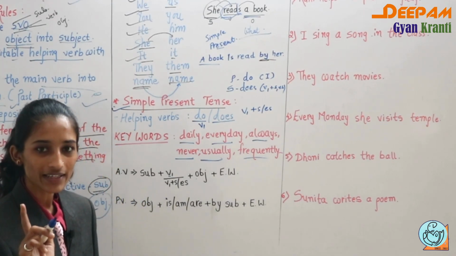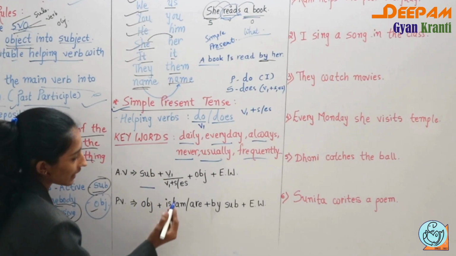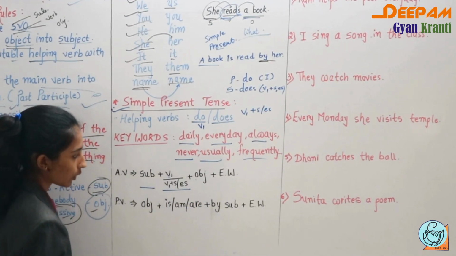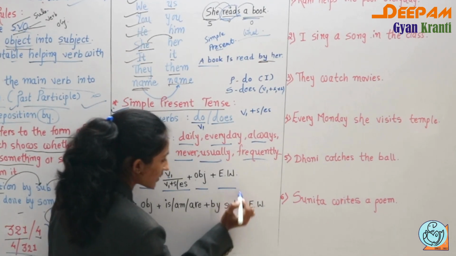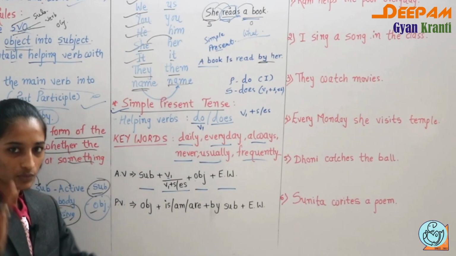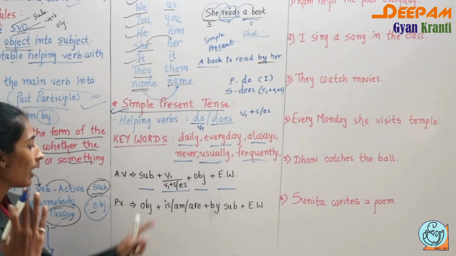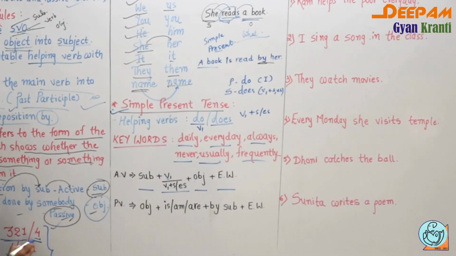So first you have to underline the subject, then second the verb, third the object, and fourth the extra words. So 4 lines are there. Extra words we have to consider as number 4. So which number do you have to mention here? 321 per 4, like a wicket score.